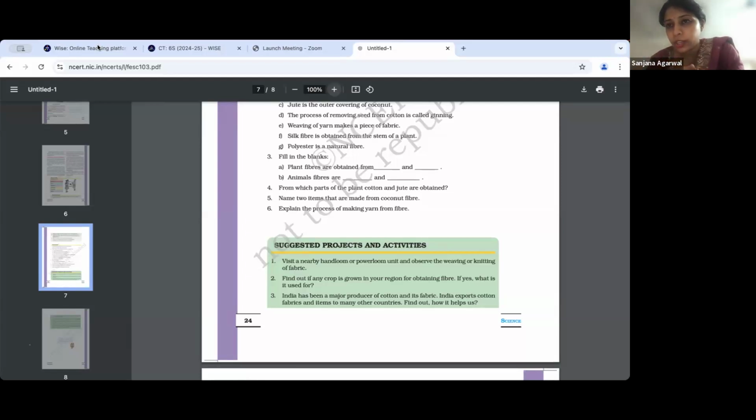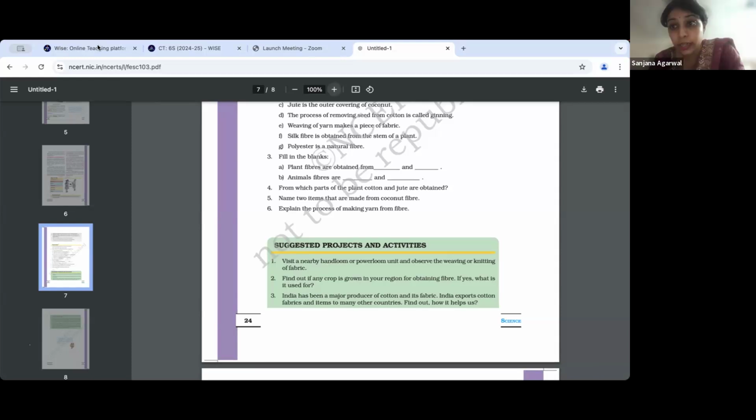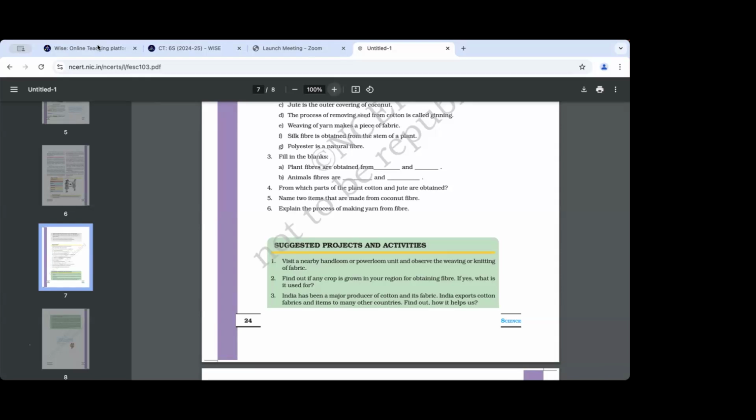Okay, listen to the question carefully. Rahul burns a piece of cloth. It gives the odor similar to that of burning paper. Which fiber is that cloth made of? Synthetic. And polyester. Any other answer? Ma'am, nylon.